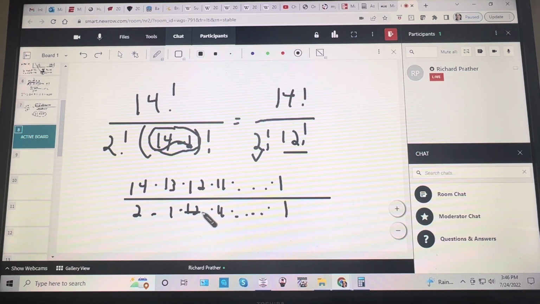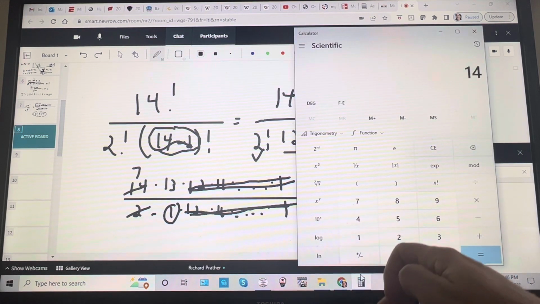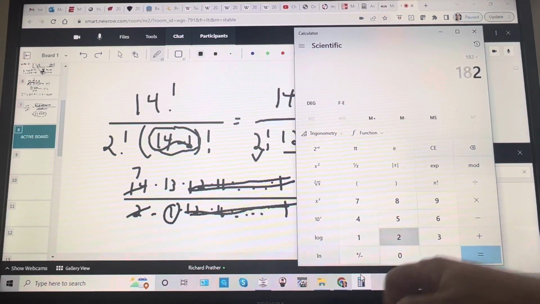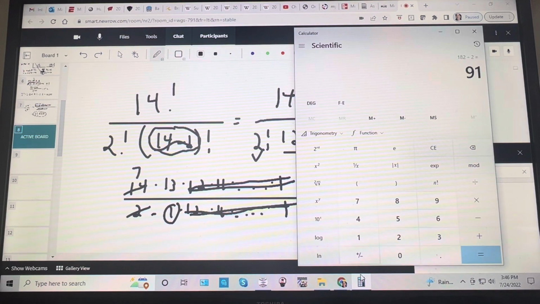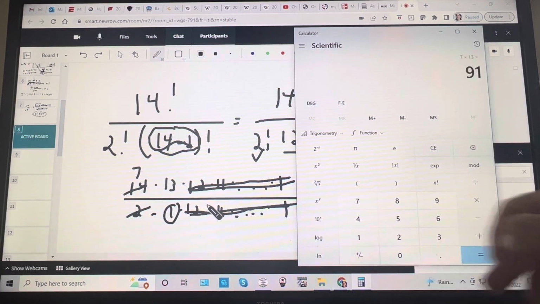So the 12 factorial from the denominator cancels out most of the numerator. And a 1 in a denominator doesn't matter. 2 can go into 14 7 times. But after I canceled all this down, you could, in theory, in your calculator, do 14 times 13, write it down, 2 times 1 is 2, and then divide by 2. 14 times 13, divided by 2, and the answer is 91. But I would just do 7 times 13 and get there quicker. 91.